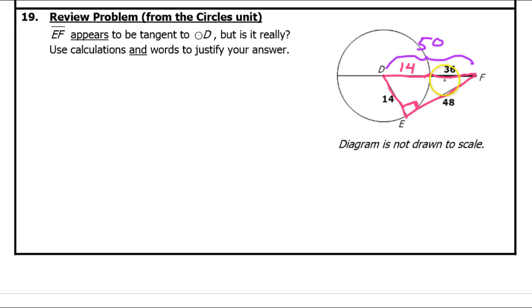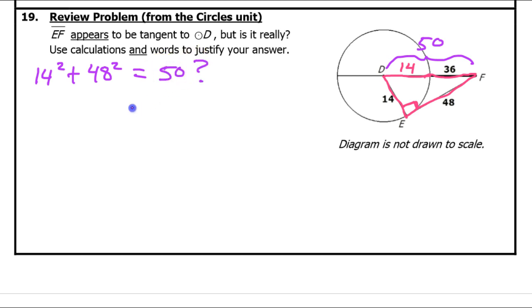I'm just adding 14 and 36, so that's 50. So does 14 squared plus 48 squared equal 50 squared? That's the question. So a squared plus b squared, does that equal c squared? Just put a question mark on it.